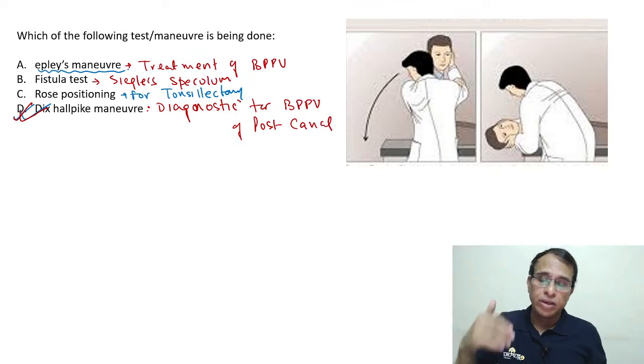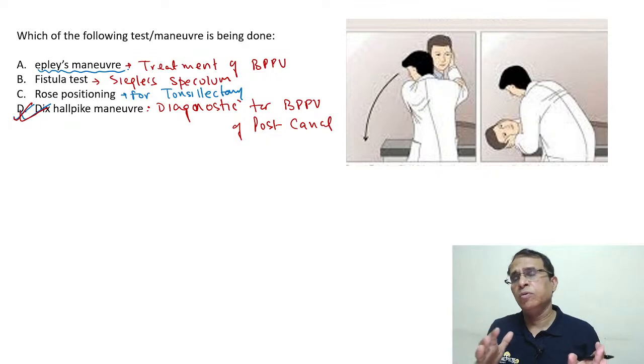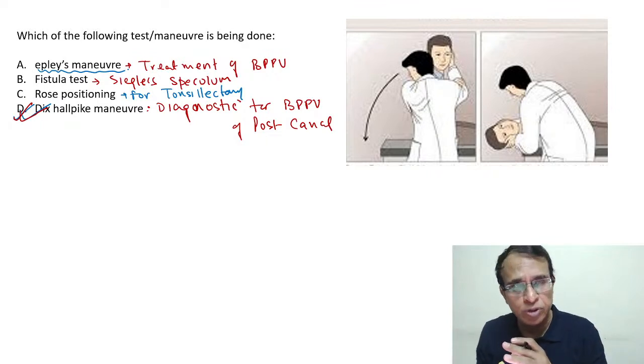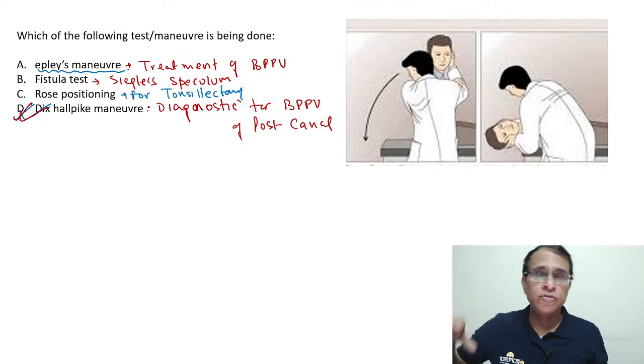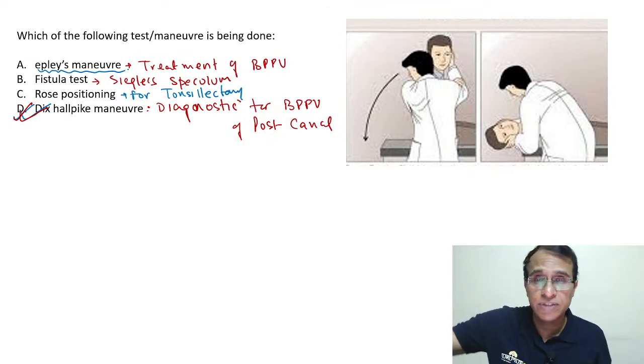Because Appley's maneuver has many steps. You turn the head like this, and then the body like this, and there are 4 or 5 steps. After you attain a particular position, you have to remain in that position for a few minutes, 1-2 minutes, and that is more important. How much time you give to each step is more important than the number of cycles.